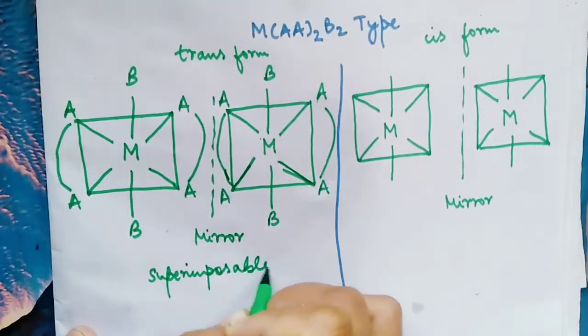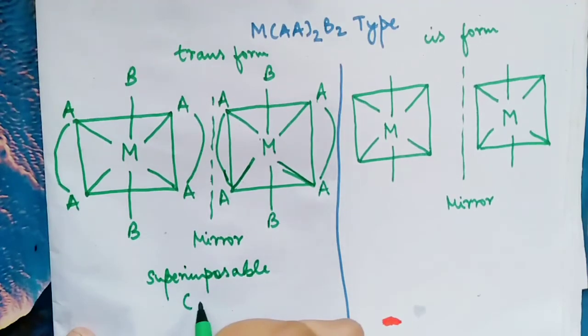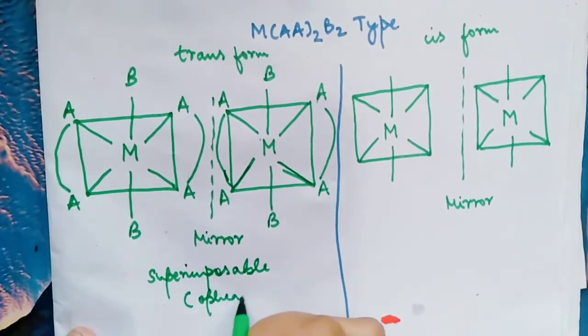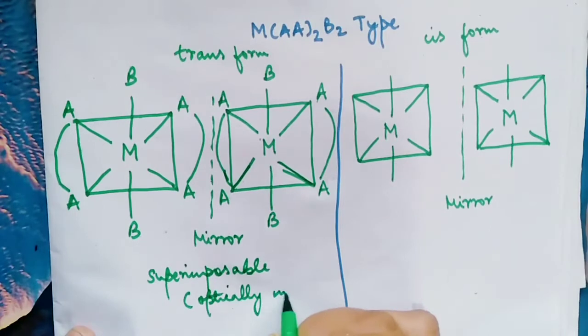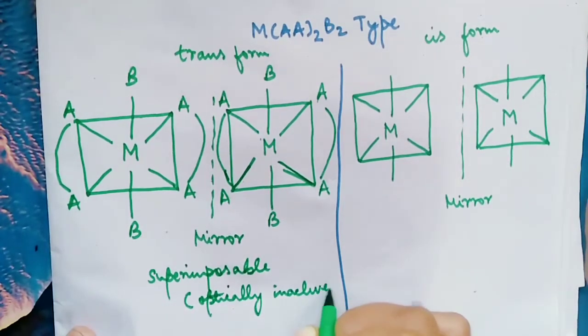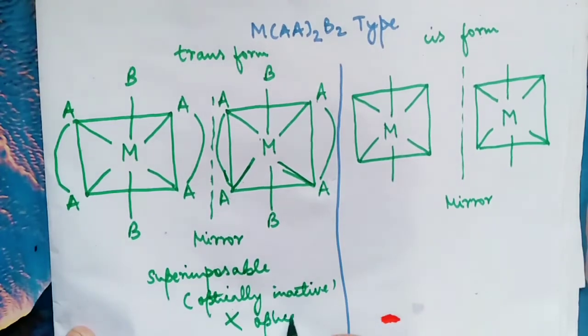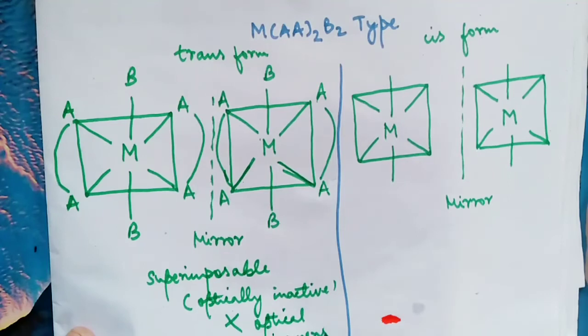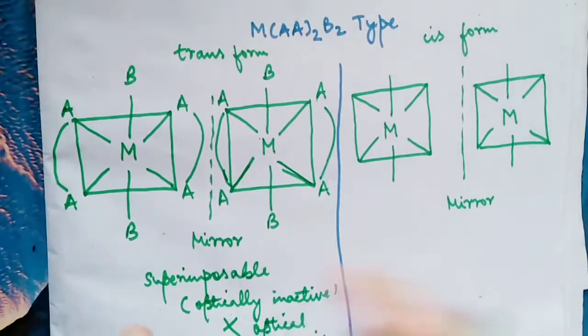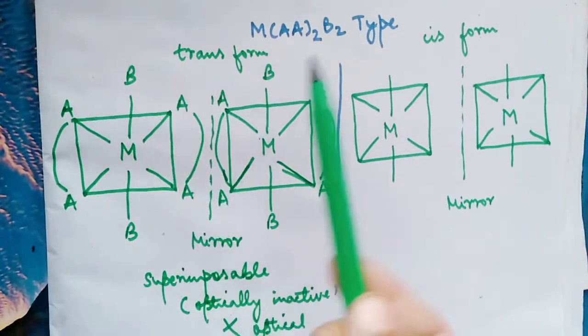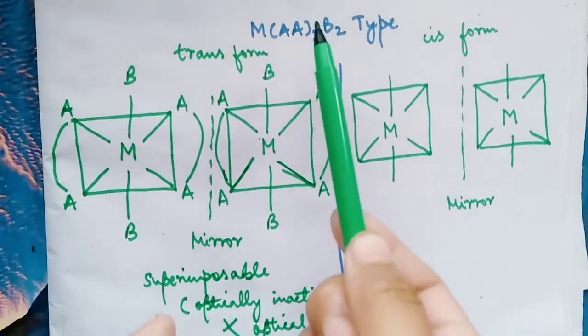If they are superimposable, they are optically inactive. So if they are optically inactive, they do not show optical isomerism. So we will not have the L form and the D form. That is for the trans isomer of a complex of this type.